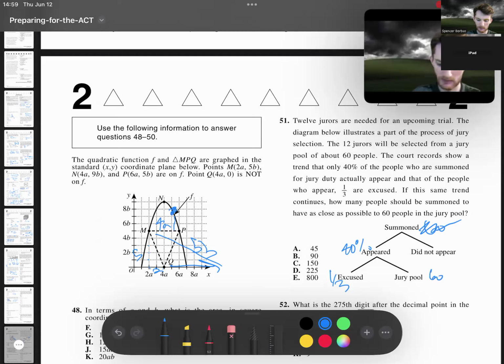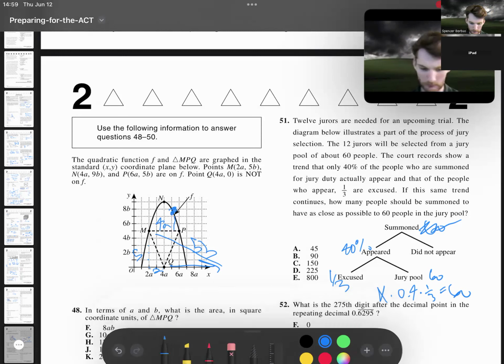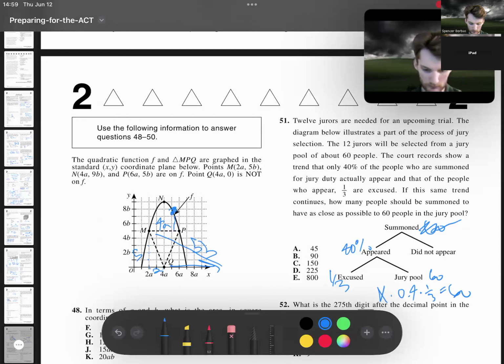You want 60. So x times 0.4 times 1/3 needs to equal 60. All right. 60 divided by 0.4 times 3, 450. Oh, you need the unexcused. All right. That's okay. But 4 times 3 divided by 2 equals 225. That's D.